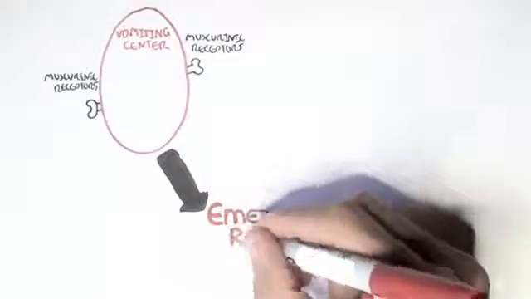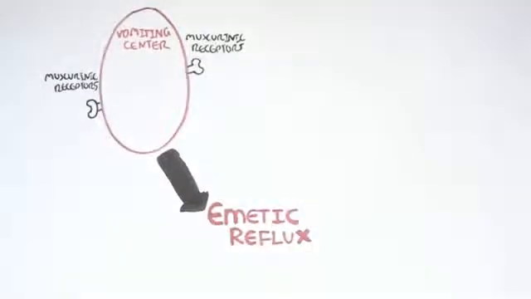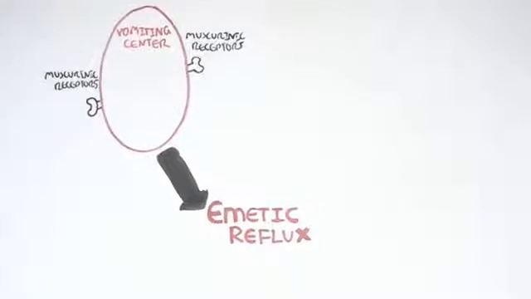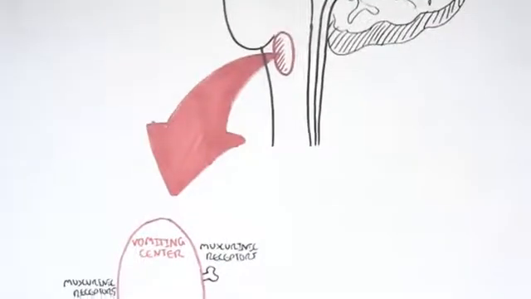The emetic reflux, that is. Note, emetic comes from emesis, and emesis is a medical term to mean vomiting. So essentially it means vomiting reflux. So the vomiting center is what essentially sends out the signals to cause us to vomit from the brain stem. Now, there are several ways that the vomiting center itself can be stimulated.